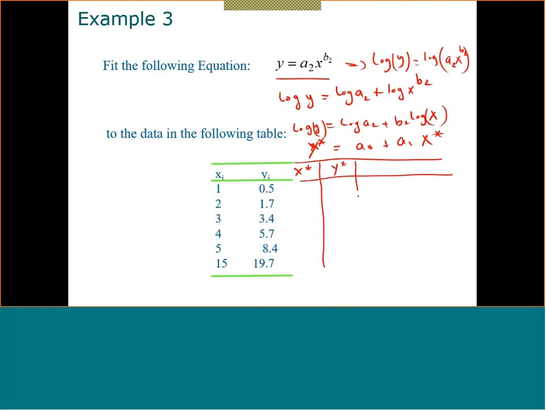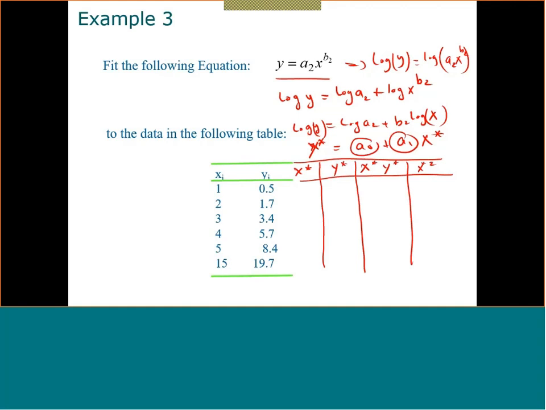Now I have the new x and the new y. Then I need to find other values, which is x star times y star, which is x times y in the original linear model, and x star square. Then find the summation, find the new a0 and a1, and then go back and find a2 and b2. Let's see how we'll do this.